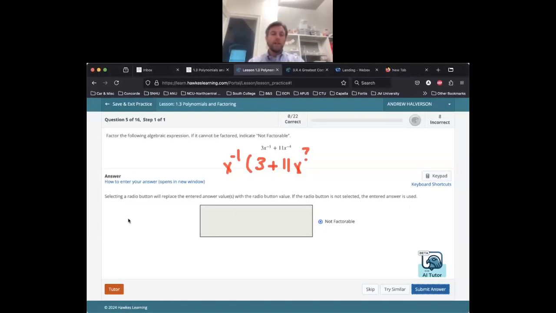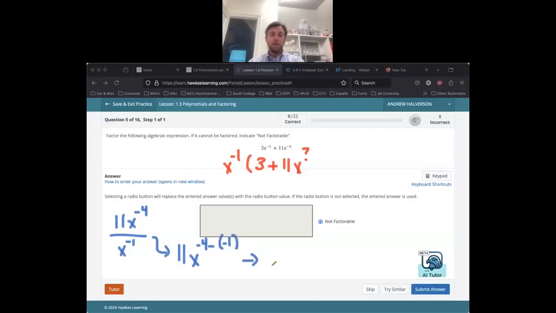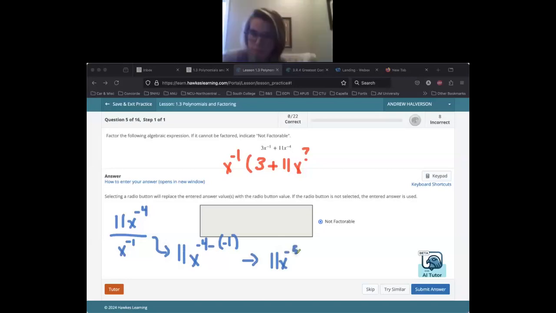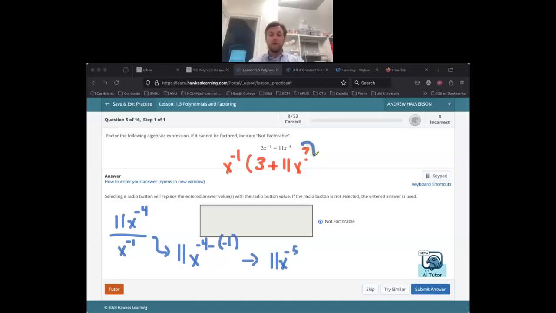Well, keep in mind when we're pulling stuff out, if you're going to pull out a GCF, remember what we're really doing is dividing by that. So I apply the quotient rule to do top exponent minus the bottom exponent. So -4 minus 1. And so that gives me 11x to the -5 power. So that's what that becomes right there.